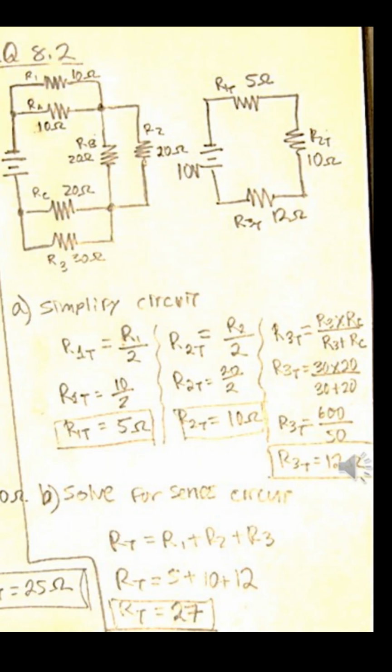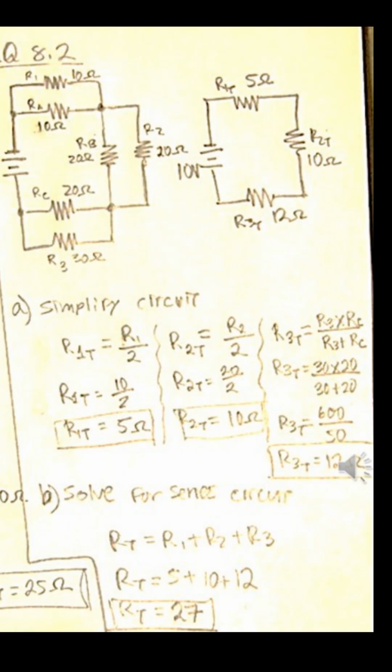In that case, 10 ohms divided by 2 gives us 5 ohms. Next, we find R2 total, which again is R2 divided by 2, since we have equal value resistors. This simplifies to make this a series circuit instead of a complex or combination circuit. So R2 total is 20 ohms divided by 2, which is 10 ohms.